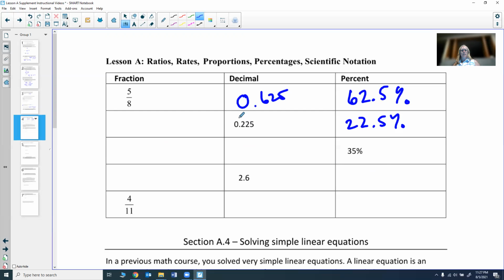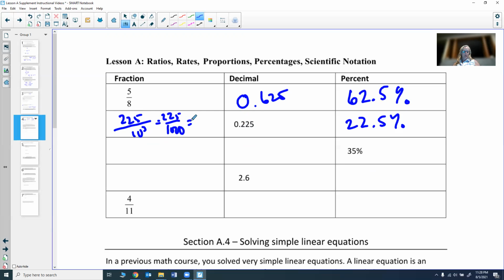Now we have to figure out how to make it into a fraction. So what I'm going to do is not worry about the decimal. I'm just going to write the 225 without any decimal point in it. I'm going to put it over 10 to a certain power, and the power has to do with how many decimal places there are. There's 1, 2, 3. So this would be 10 to the third, which is 1,000.